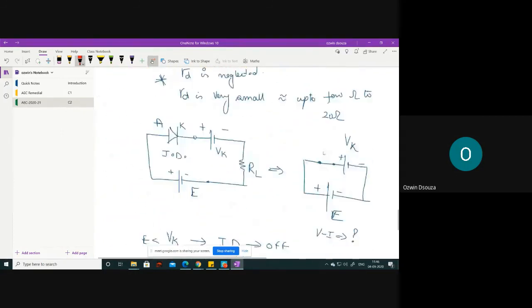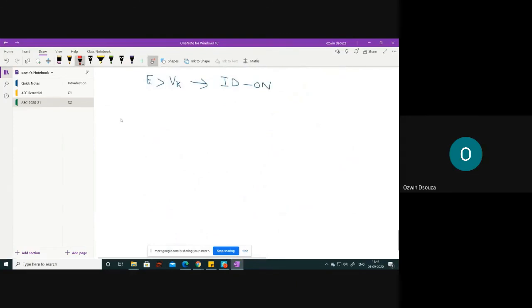So, summary: you have to select either the exact practical circuit, or the approximation circuit.